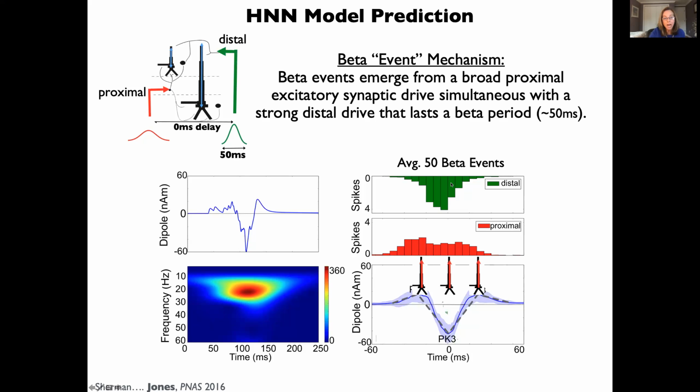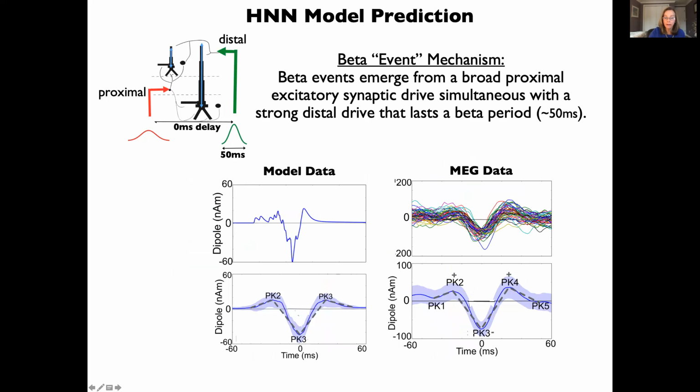But at the same time, this strong distal input comes in, it breaks that current flow, pushes current down the dendrites for one beta period of approximately 50 milliseconds. And with this mechanism, we had very nice agreement between our model data and our MEG data.